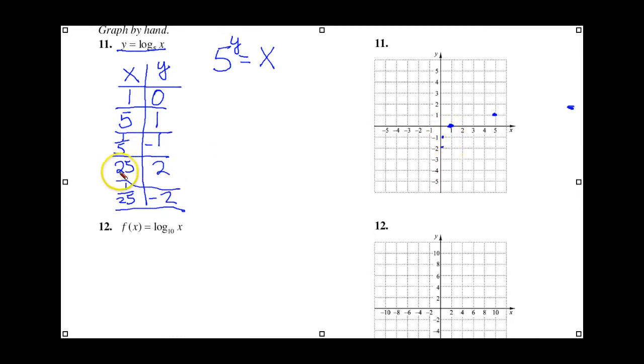Then I go over 25, which is off my graph, and I go up 2. So I can kind of sketch this part of the curve now. And then I sketch this other part. And your y-axis is the abscissa, you may or may not recall.